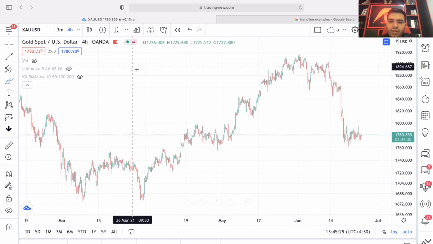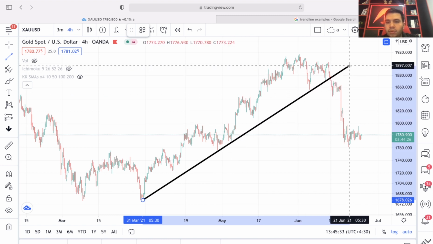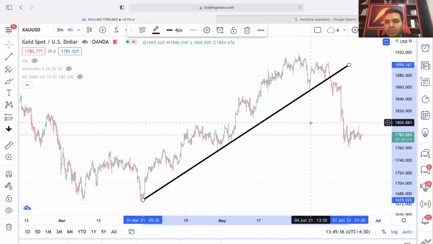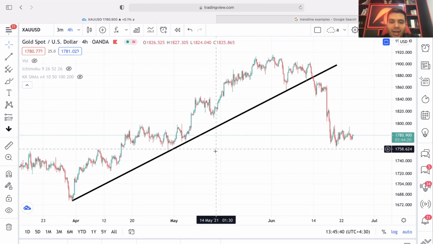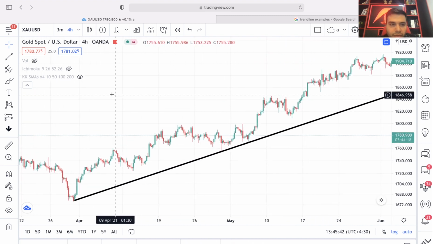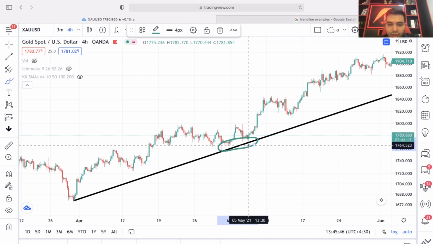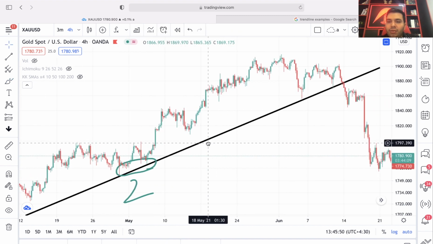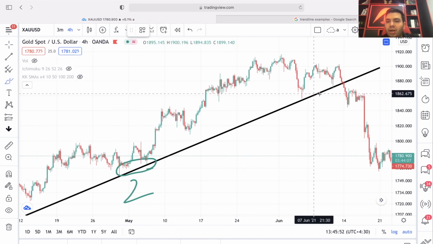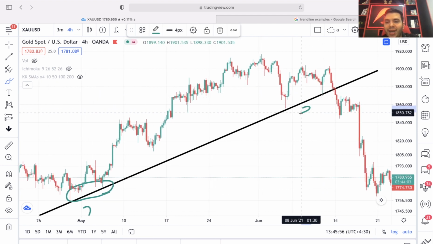We had a perfect uptrend line here which has been broken. See, first hit, second hit, and if the hits are close like this, we count it as one, okay? So first hit, second hit. If you watch this video until the end, all of your questions will be answered, okay?